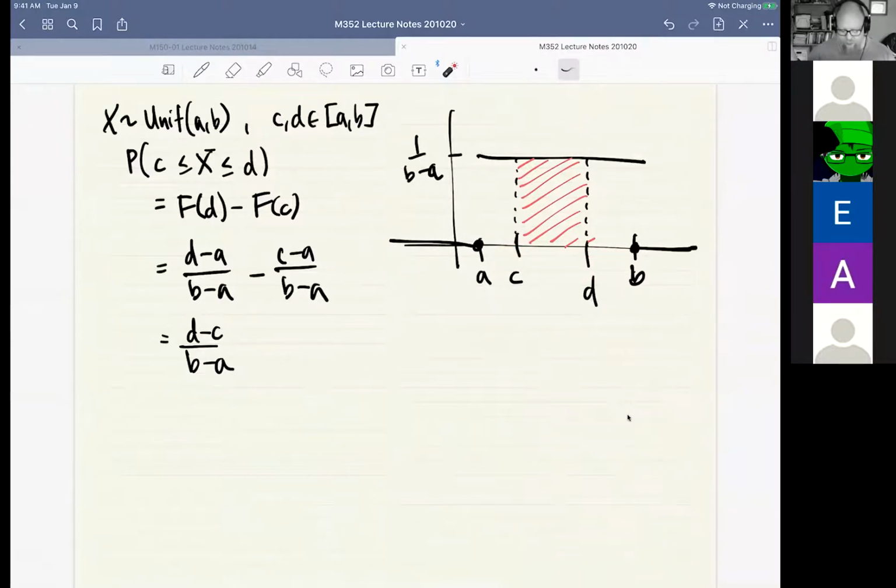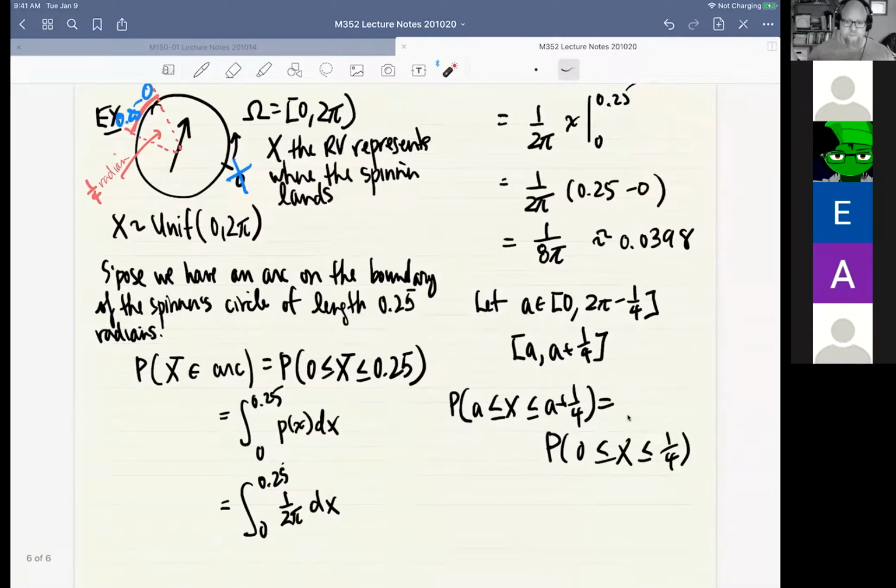If you shift both C and D to the right, but keep the distance between them, you're not going to change the area. Shift them both to the left, but keep the distance the same, you're not going to change the area. That's the sense in which this is a uniform distribution. And that's why I could just choose my interval from 0 to 0.25.